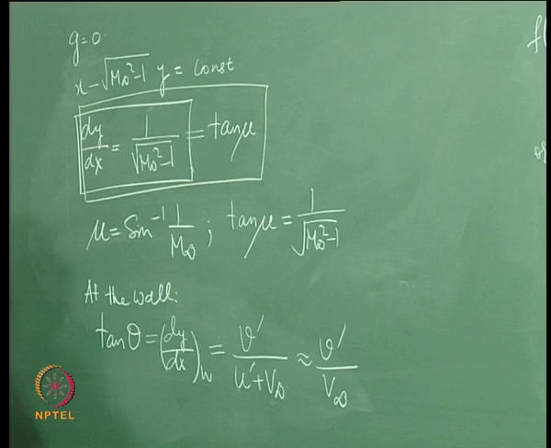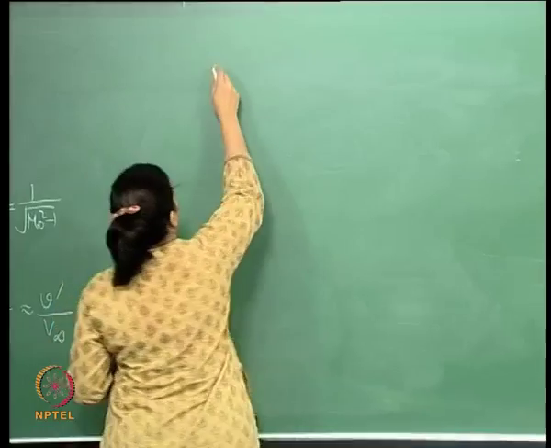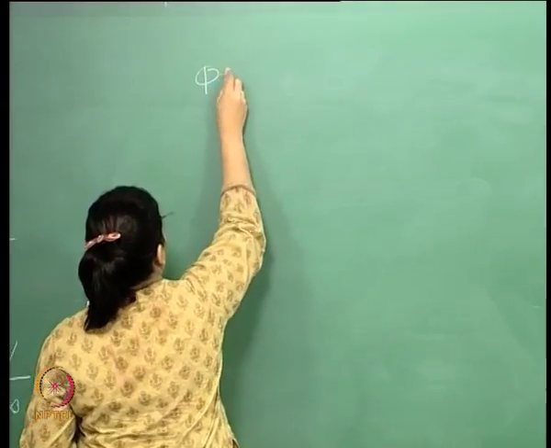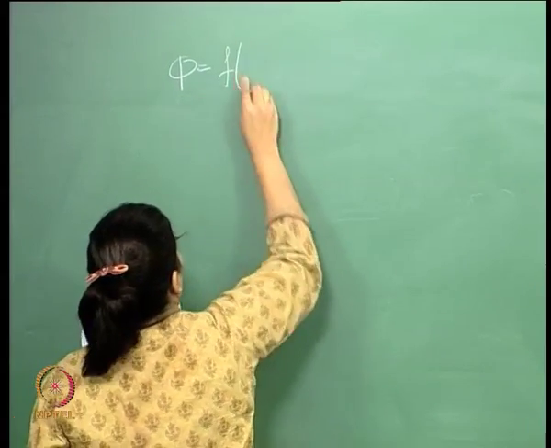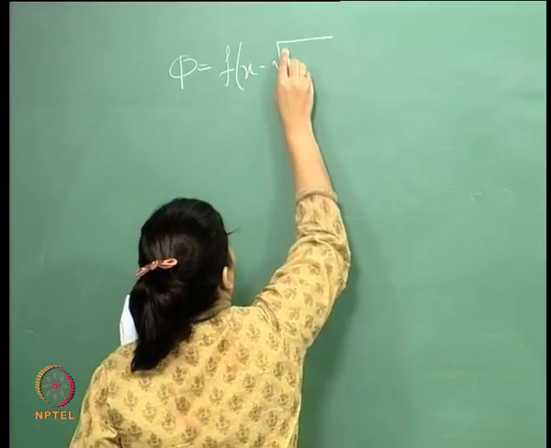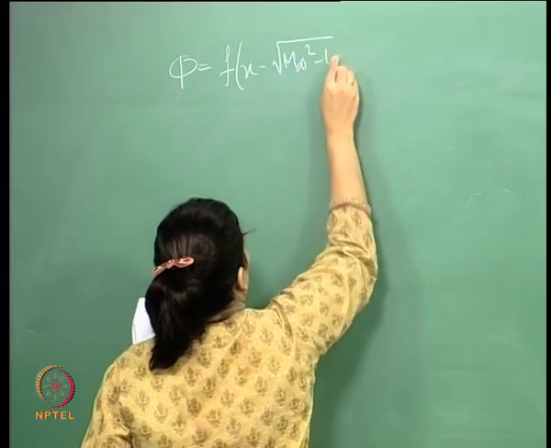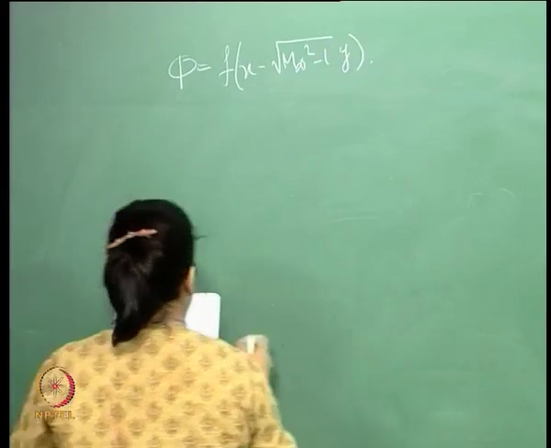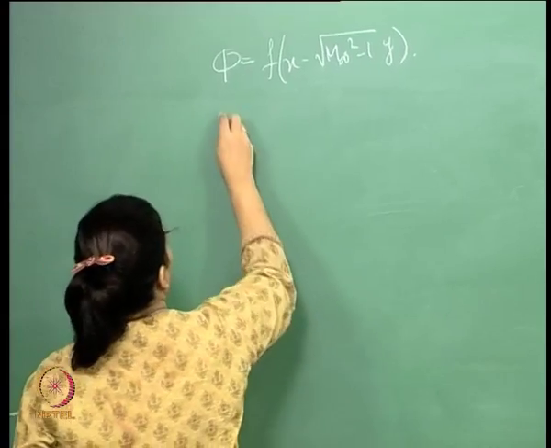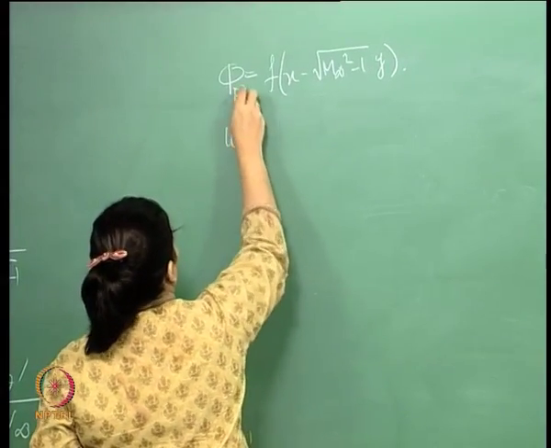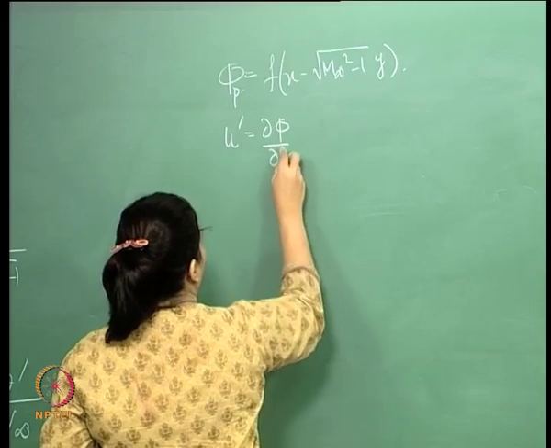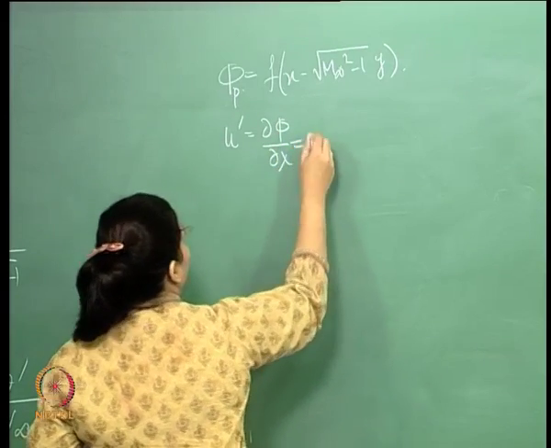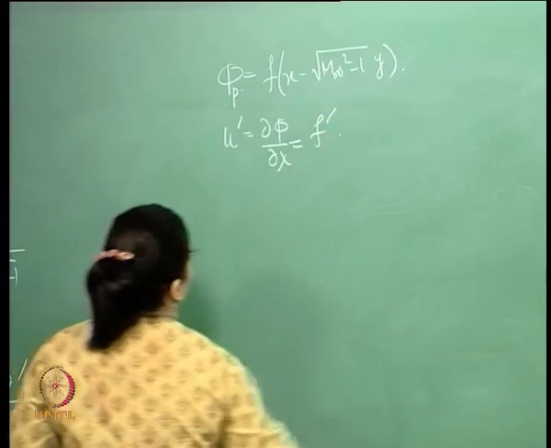Let's say what we have out here is that phi is equal to f of this, since we've taken g to be 0. Then this is the perturbation potential. So u dash is equal to f dash.